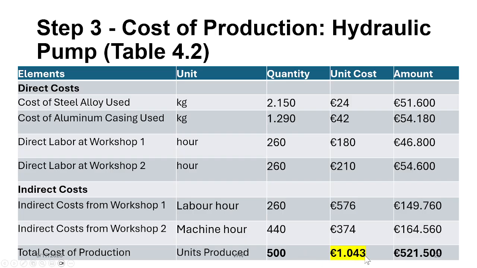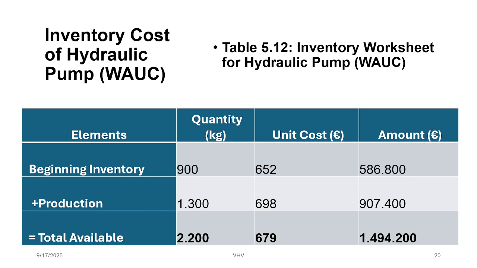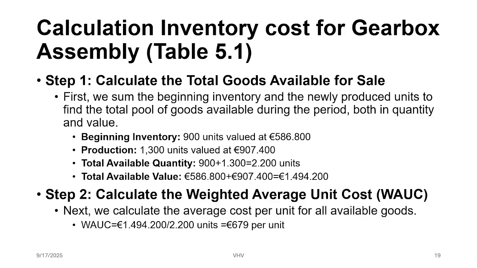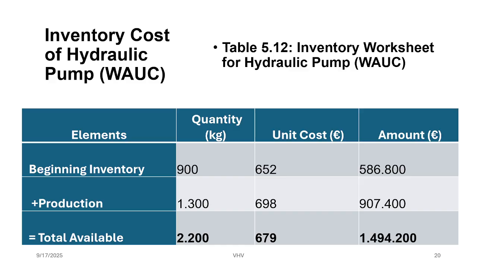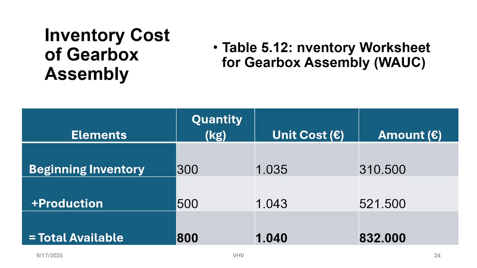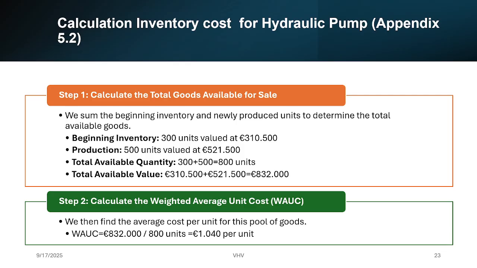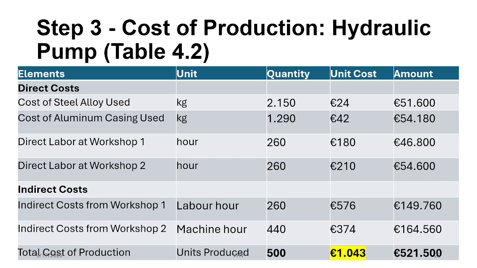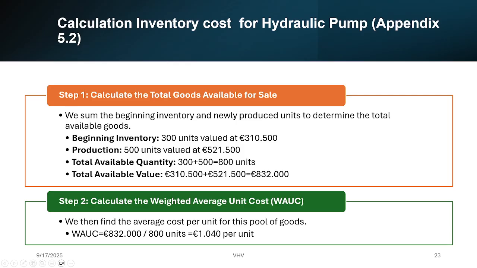Notice how much higher it is than the gearbox at 698. This is an important observation. You can see that the gearbox is 679, and now we have 1,043. Okay, so now we move to the next step.